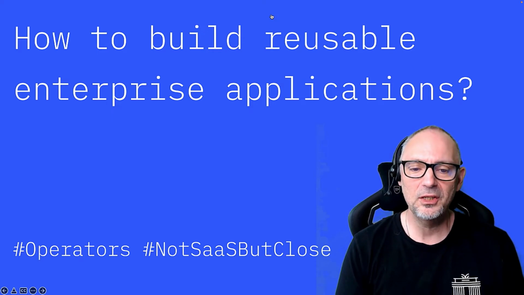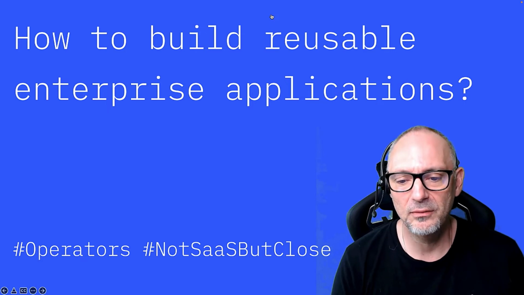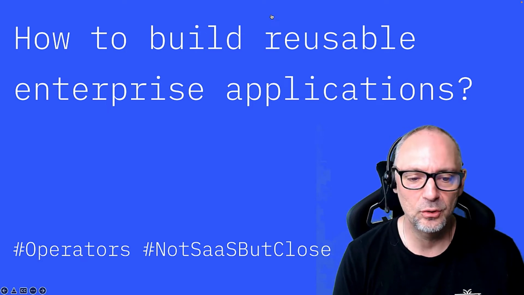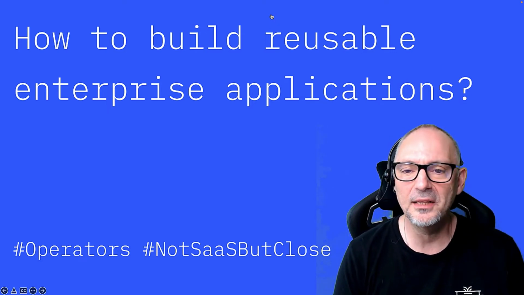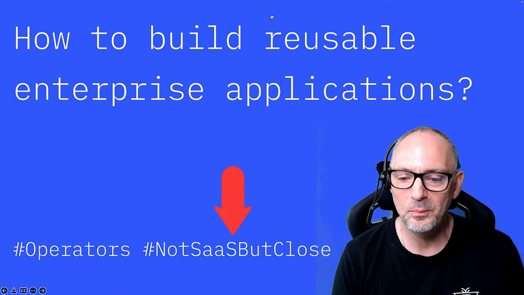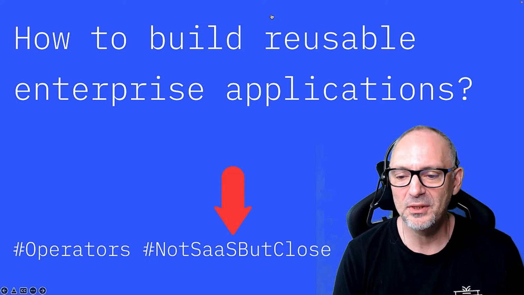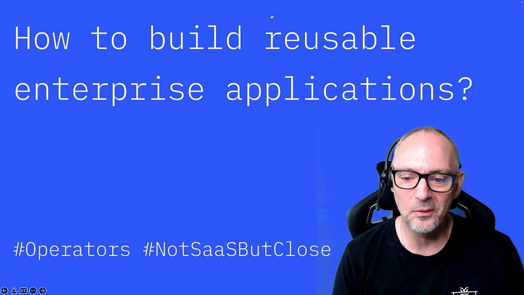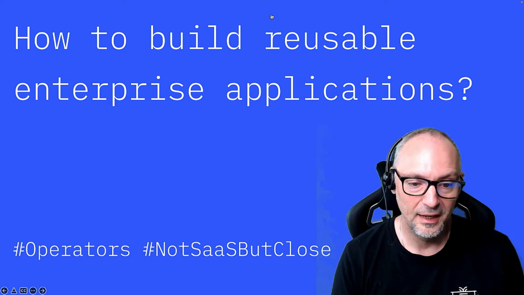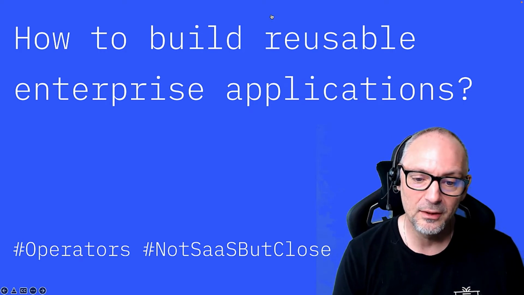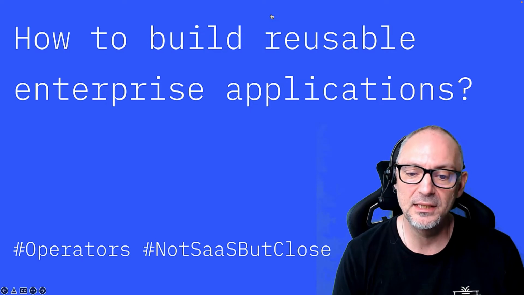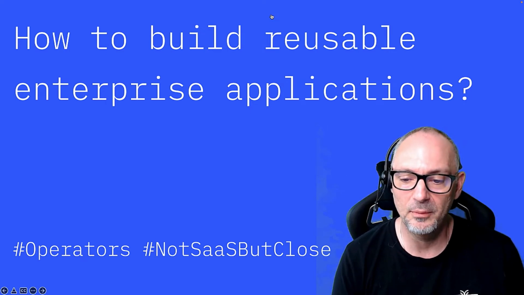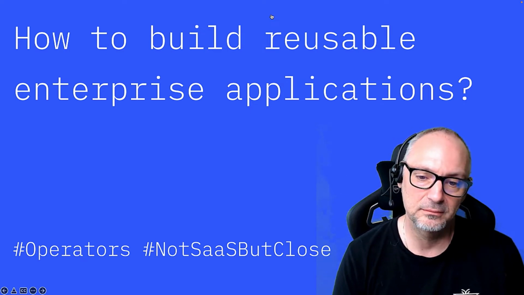With automation made by operators, your enterprise application gets a bit closer to being software as a service right from the start, because of all that automation and the ease of usage. The operators are a part of building an easy, reusable enterprise application.